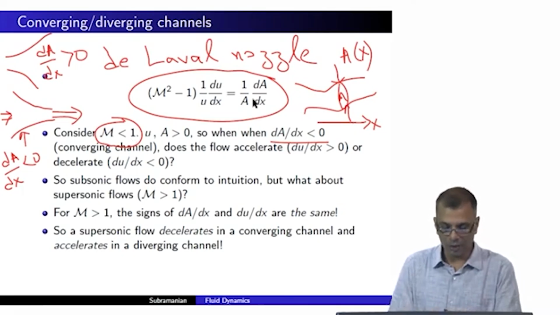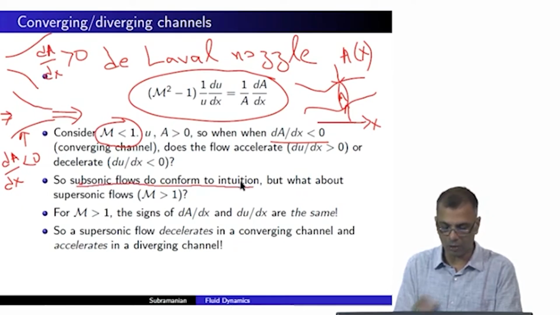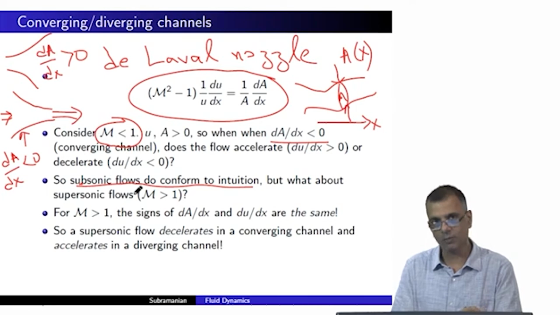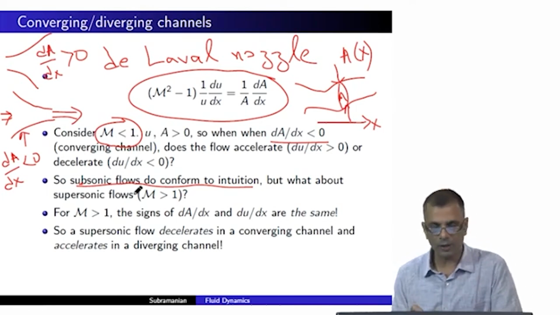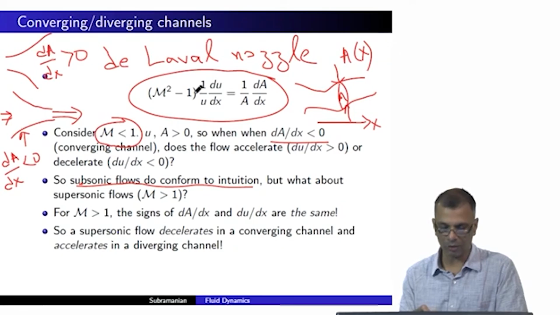So subsonic flows do conform to intuition. But what about supersonic flows? We find some strange behavior. Because M is greater than 1, this is always positive.